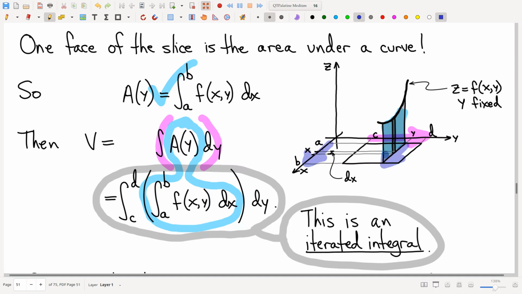The cookie has crumbled such that what we have is kind of weird, but we have an integral of another integral. It's an integral sitting inside of an integral. Weird construction, might be your first time to see such a thing, but that is what does the job. Plug and chug. We're going to do an example in just a second here, but this will compute that volume under the original surface graph.